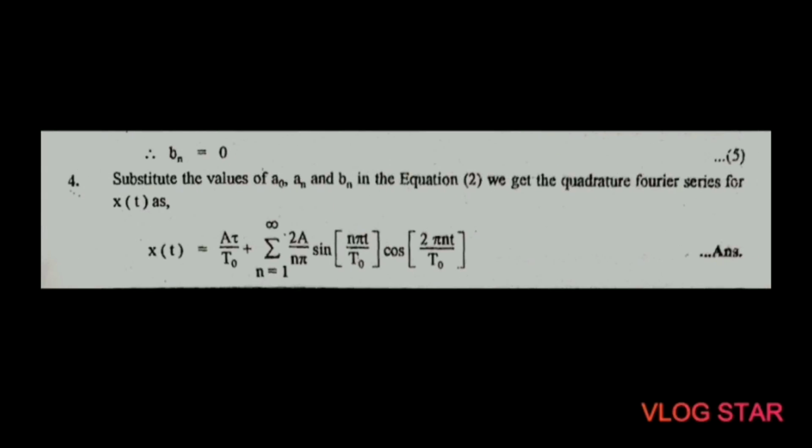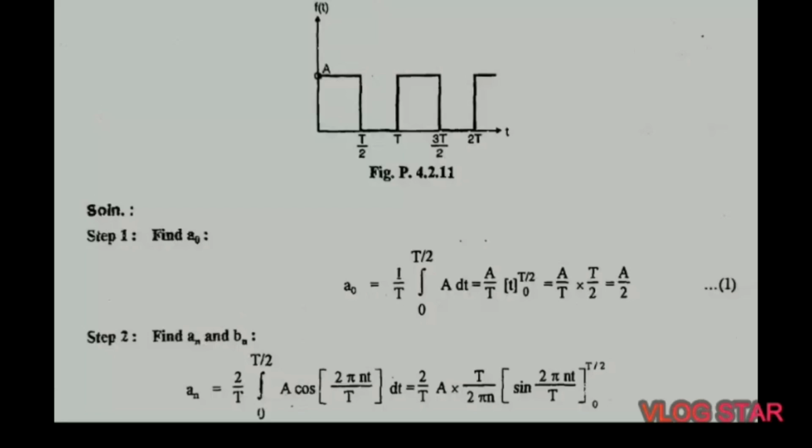So the final equation becomes x of t is equal to a tau divided by t0, that is the value of a0, plus the an value, summation of n equal to 1 to infinity 2a upon n pi into sine of n pi tau upon t0 into cos of 2 pi nt divided by t0, plus b0, that is 0. Okay, so this is our final equation.